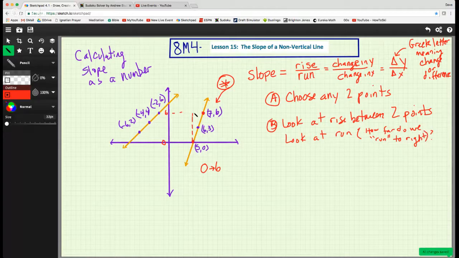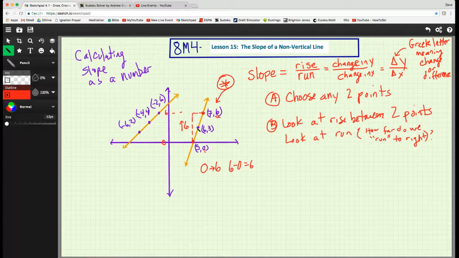So we rose, which is straight up, 6. And the way that you can calculate this also is you can find your change in y. The rise is the exact same thing as the change in y. So the change in y is 6 minus 0, which equals 6. So you either can count them out, or you can subtract your y's, which is 6.